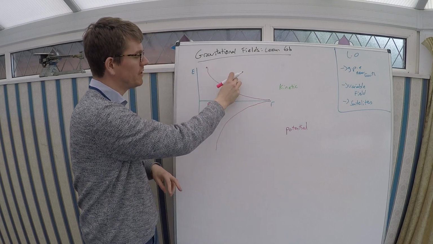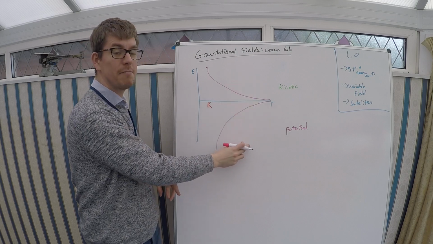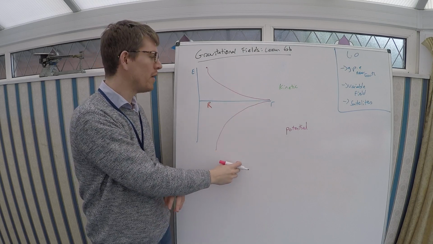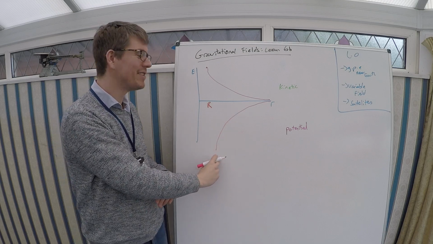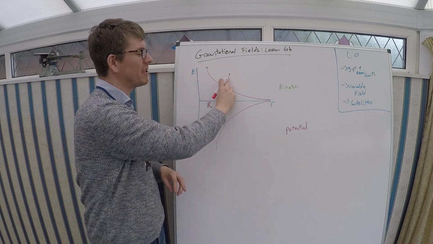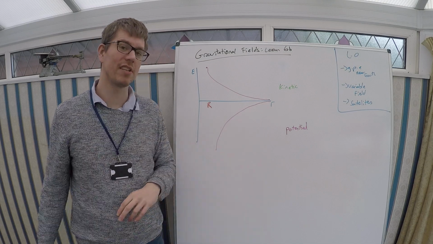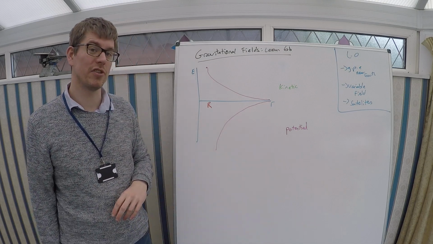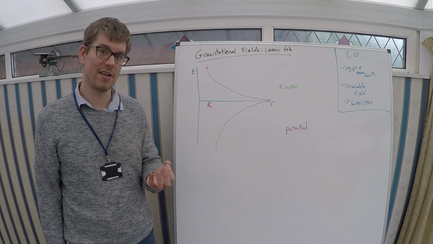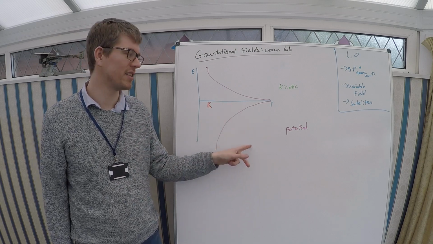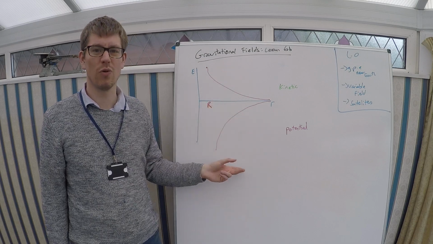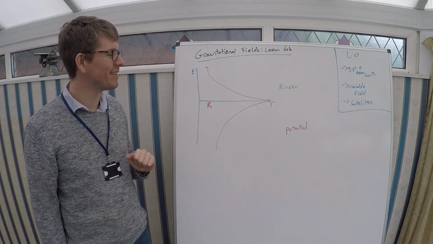So the two halves of the graph are going to mirror each other, which is why potential energy has to be negative, so that a positive kinetic energy can still result in conservation of energy. It would only work if we define potential negatively, like this. That's the only way you can get overall the energy remaining constant. Neat, eh?